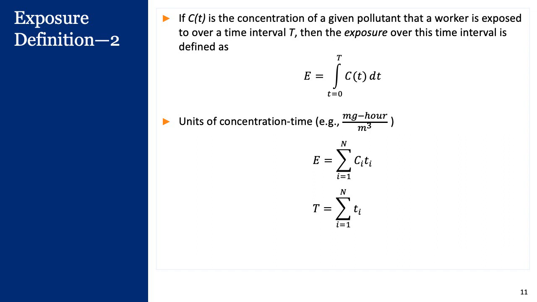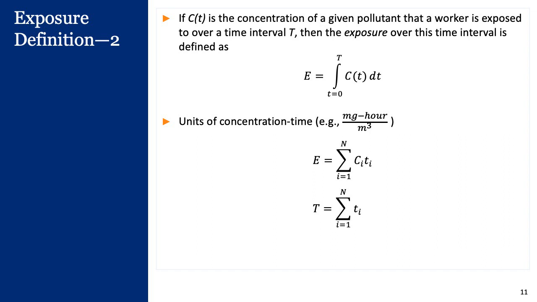We don't necessarily have to do an integral every time. So if we know the average concentration over specific time intervals, then we can have the discrete version of the integral where we say that the exposure is the concentration over a particular time interval times the length of the time interval, and you sum it over n different time intervals.